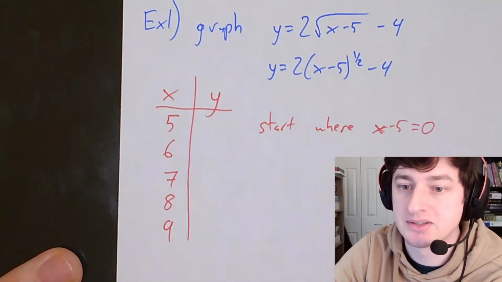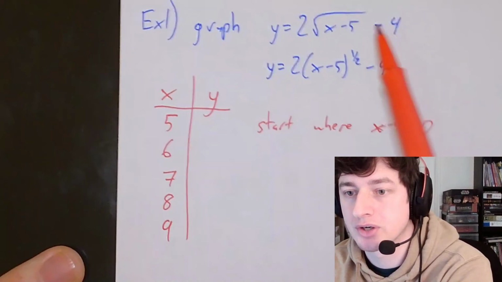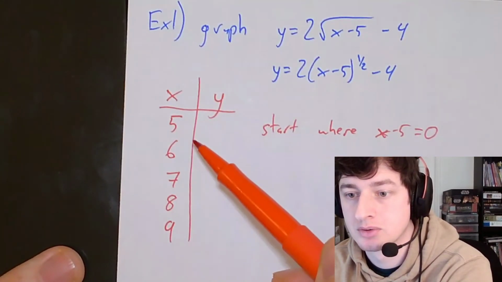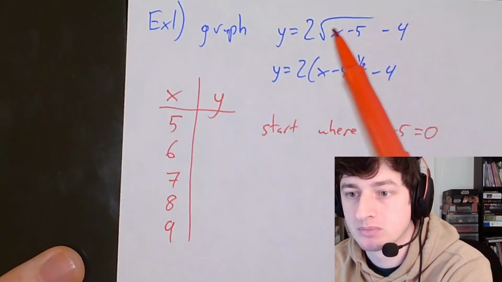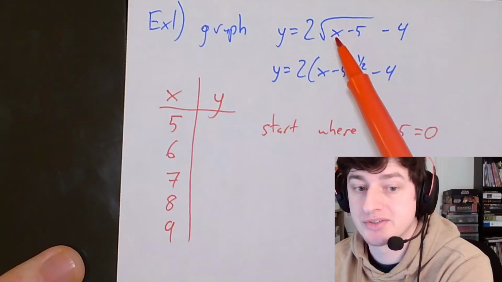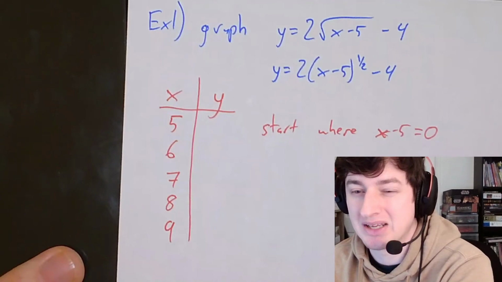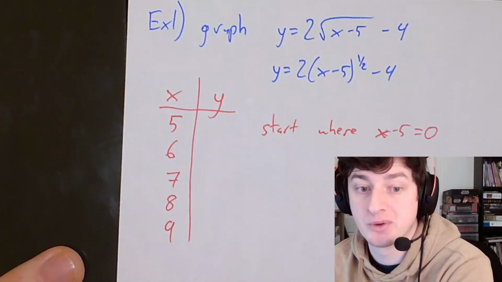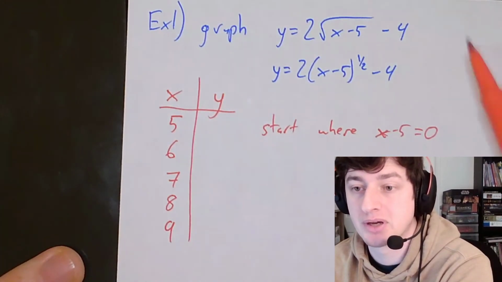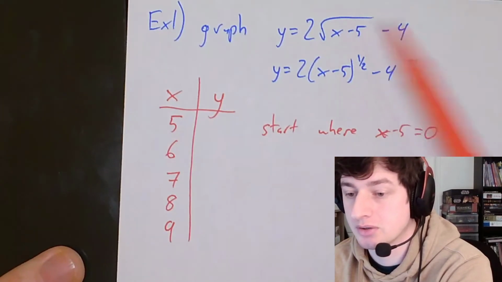Does it make sense why I started with 5? If not, you can start at 0 still. It just might not work out the way you want it to. You're going to get some imaginary numbers until you reach 5 here.